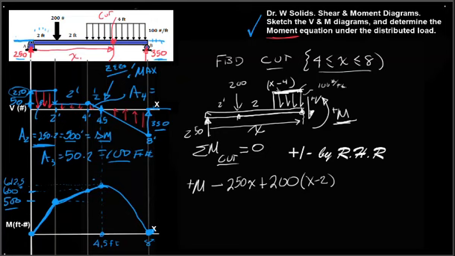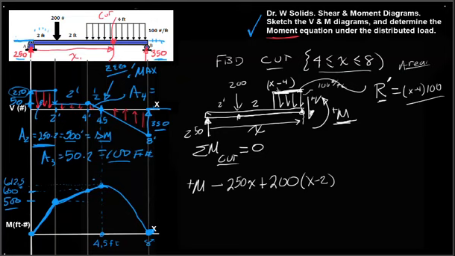Now to know what the distributed load is doing, we need to know its R. I'll call it R prime because it's not all of it, it's part of it. And it's the area uncovered, and it would be X minus 4 times 100. And to take a moment, we need to know its location, and that's at the centroid of this uncovered region. Now, since this is a rectangle, we know that's right in the middle of that.